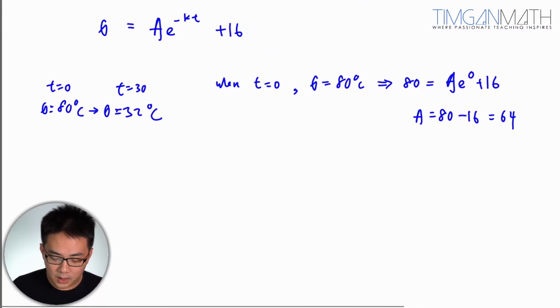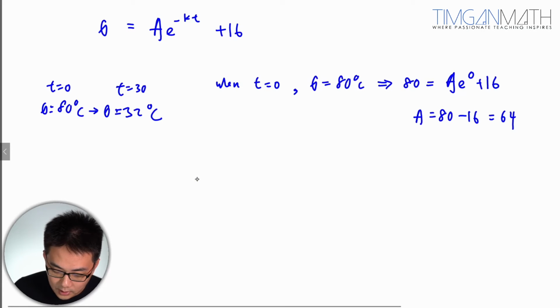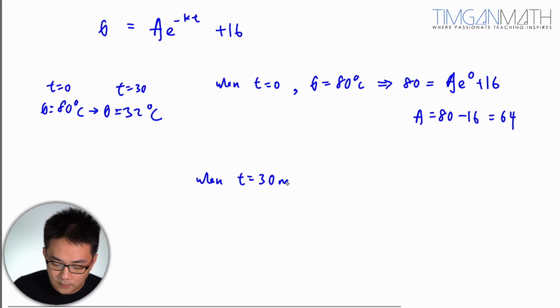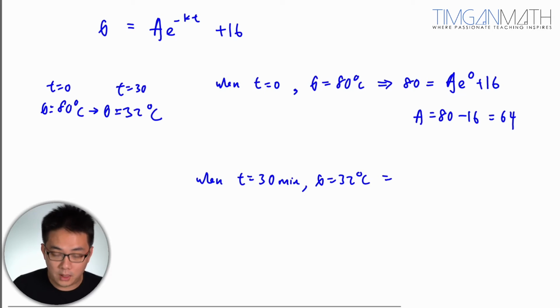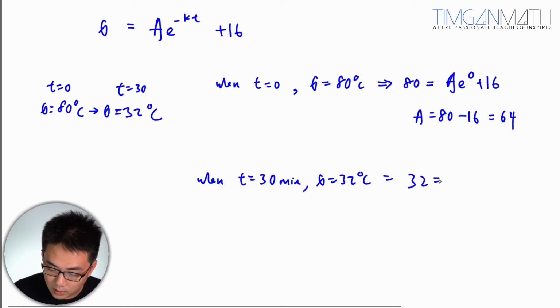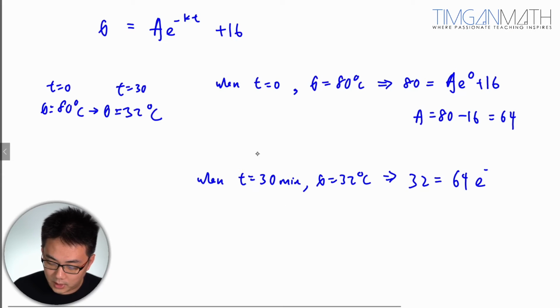Now when t is 30 minutes, we know that theta was 32 degrees. So just putting into the calculator here, this will be 32 equals A, which is actually 64, times e to the minus k times 30, plus 16.